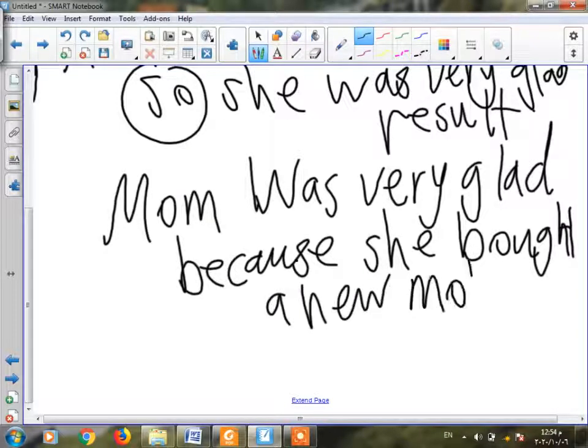As you see now, middle two, if I wanted to replace because with so, I have to change my sentences. And if I wanted to use because instead of so, I have also to change my sentences, but take care that we have the reason and the result.